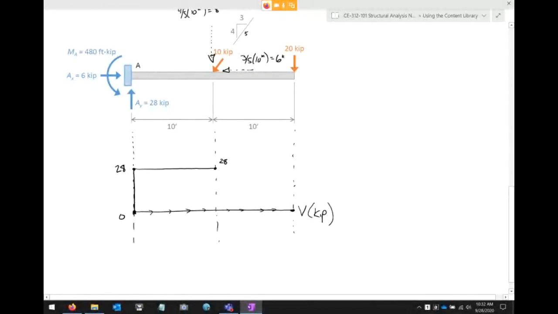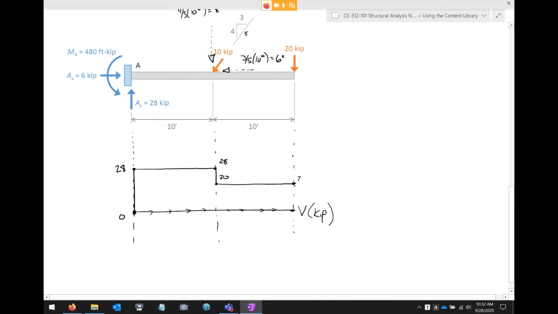And then what do I do here? Well, I drop down. How much do I drop down? I'm asking you, how much do I drop down? Is it 10 kips? No, it's 8 kips, exactly, the vertical component. So I'm at 28, drop down 8 to 20.